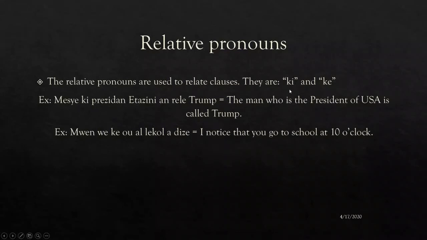The reason you don't use K in front of president is because this is a person. The man means the man. Monsieur means the man. So when you translate it, the verb here is absent.